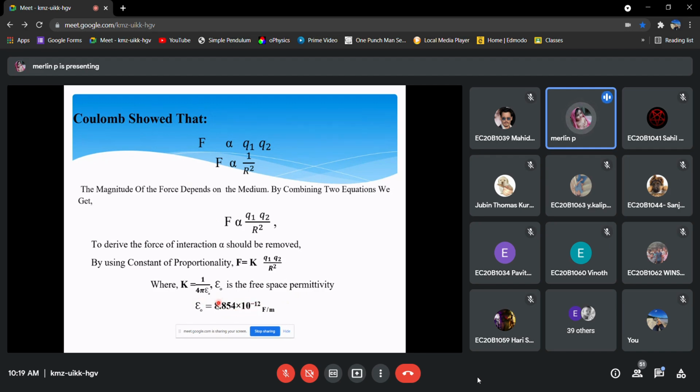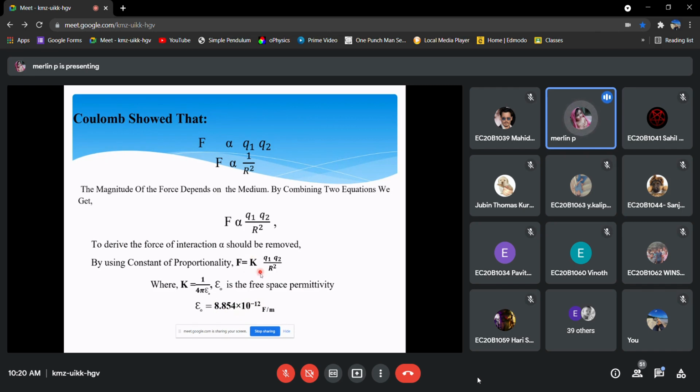It is universally accepted that this is the free space permittivity. So you should memorize this value. If anyone asks what the free space permittivity is, you should tell this. When we place any two charges anywhere else, this will be the permittivity value.